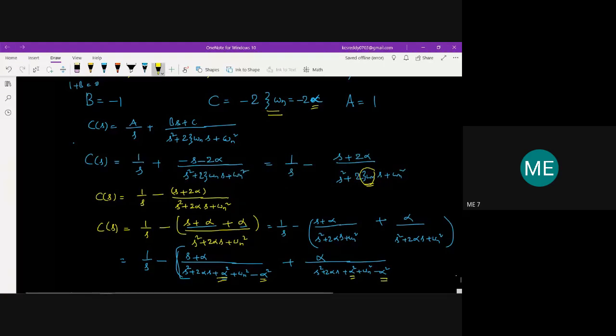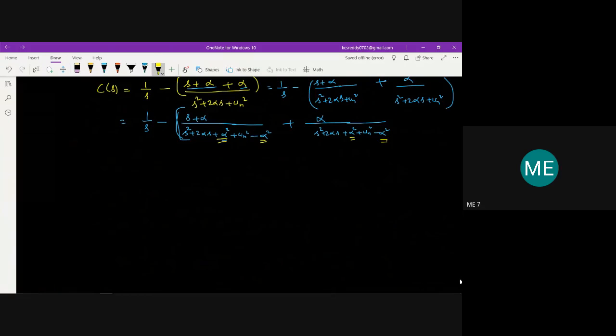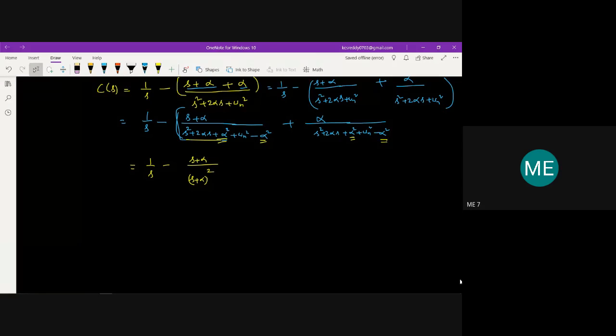Why am I writing this? Because I can get into a whole square form. Now this is equal to 1 by s minus (s plus alpha) divided by (s plus alpha) whole square, because of the a square plus 2ab plus b square form.